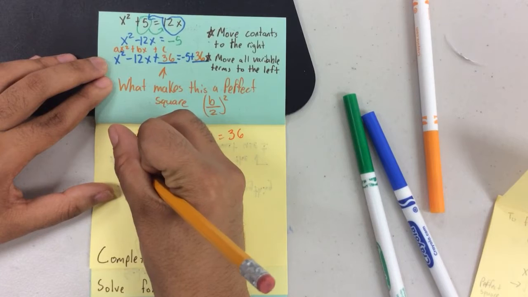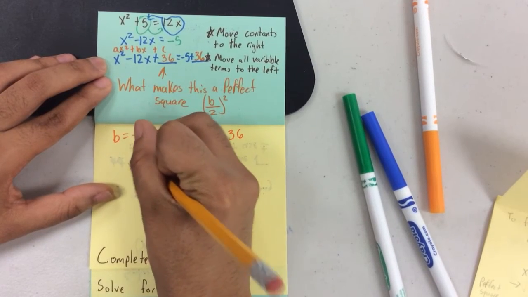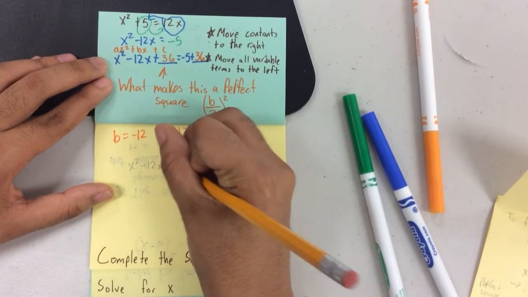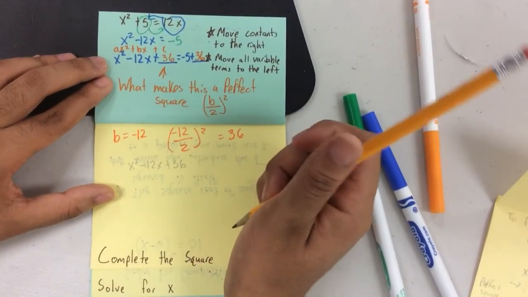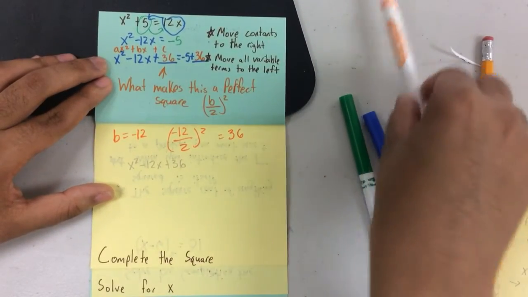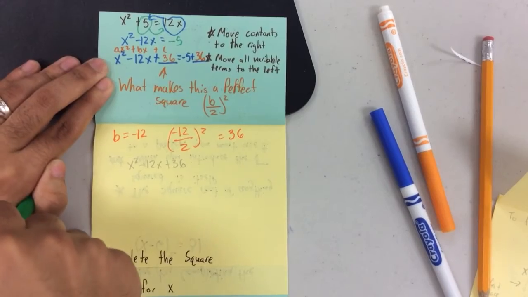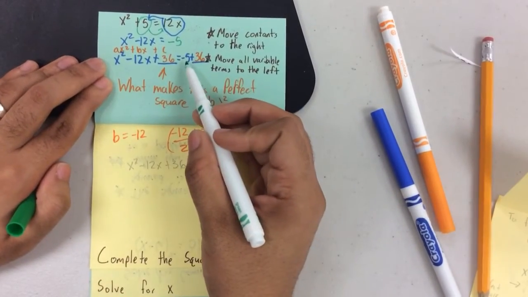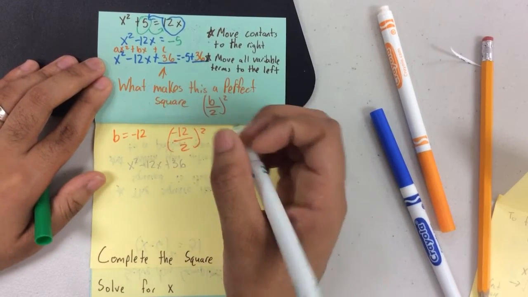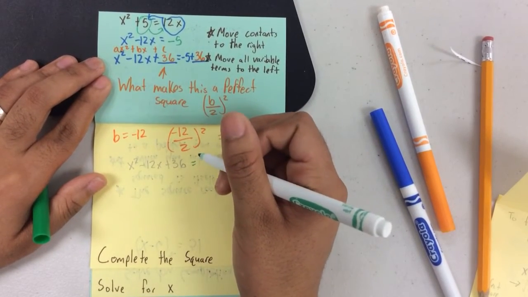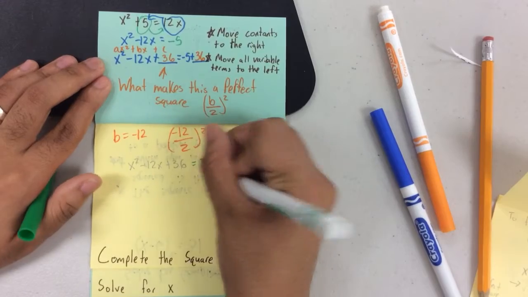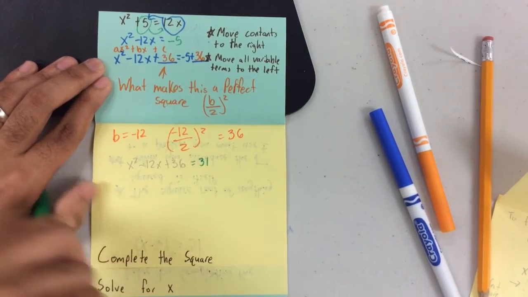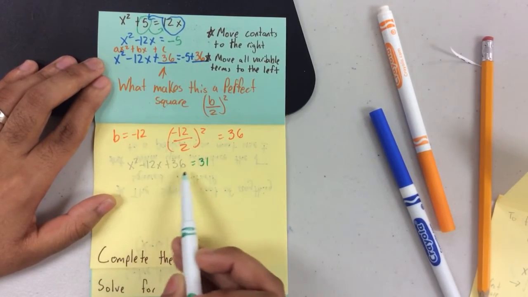I have x squared minus 12x plus 36. And if I add negative 5 plus 36, that will give me 31. So this is a perfect square.